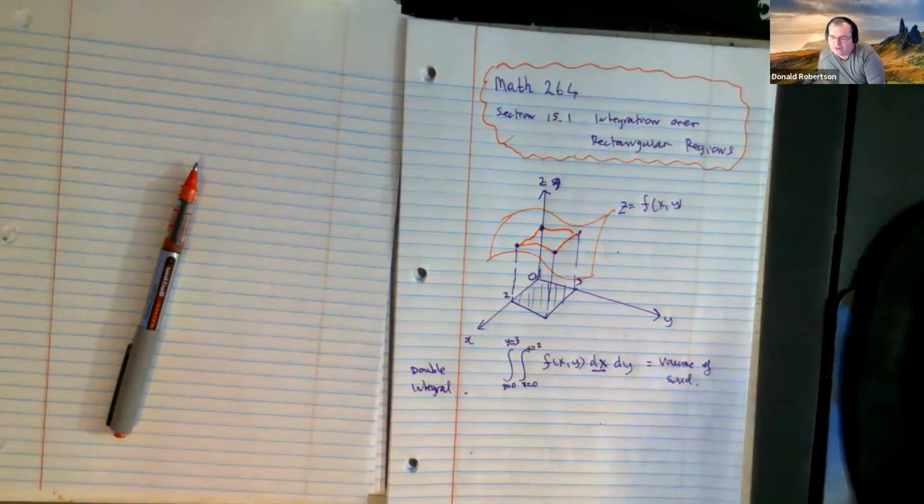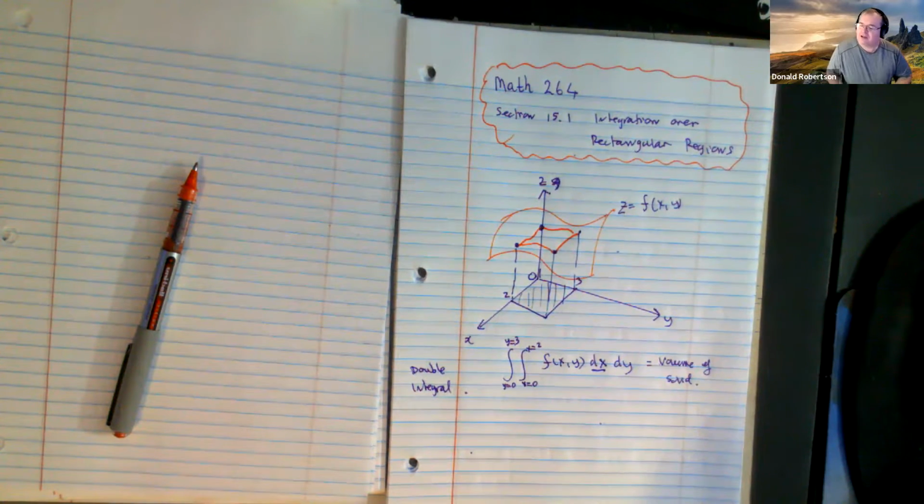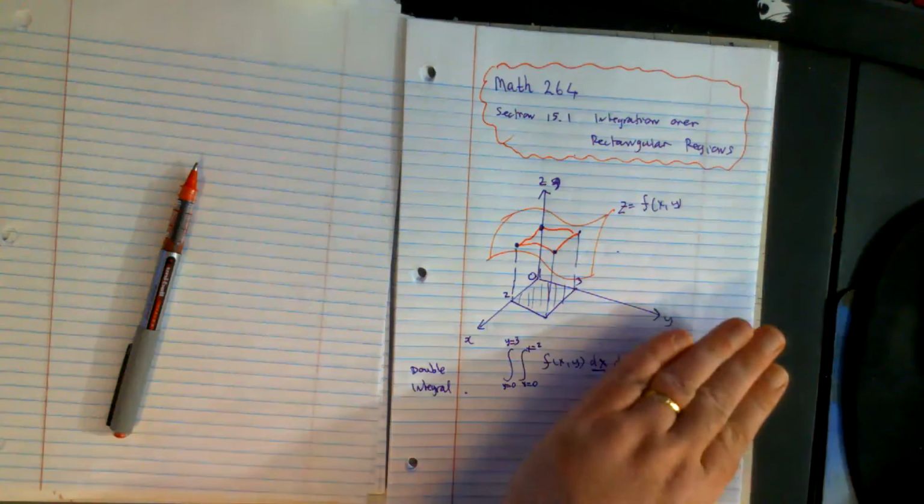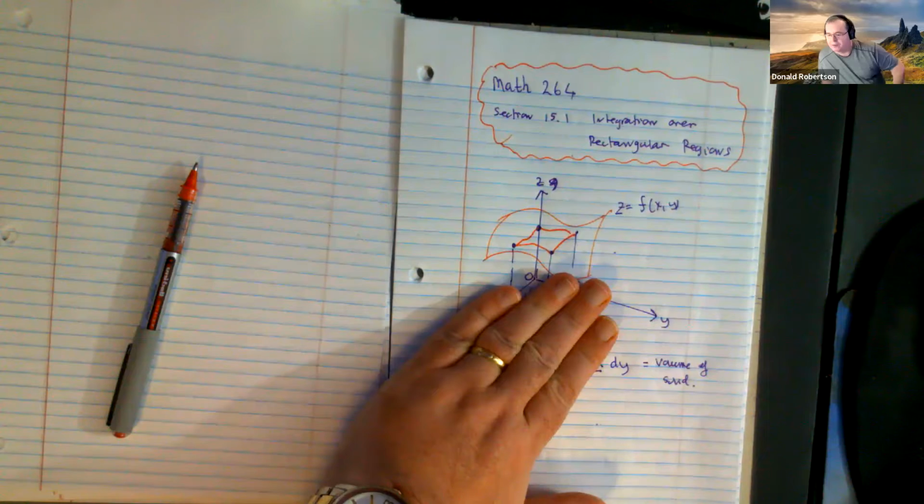Does that kind of make sense in what you get when you find a double integral? When you find a single integral in Calc 2, you're finding the area under a curve. When you find a double integral in three-dimensional space, what you're finding is the volume above the XY plane, because the floor starts on the XY plane and it's a volume above.